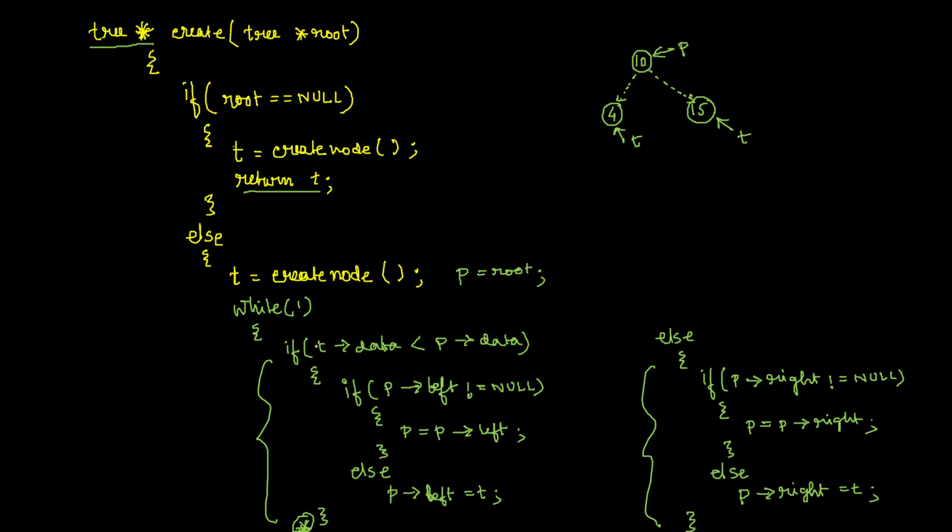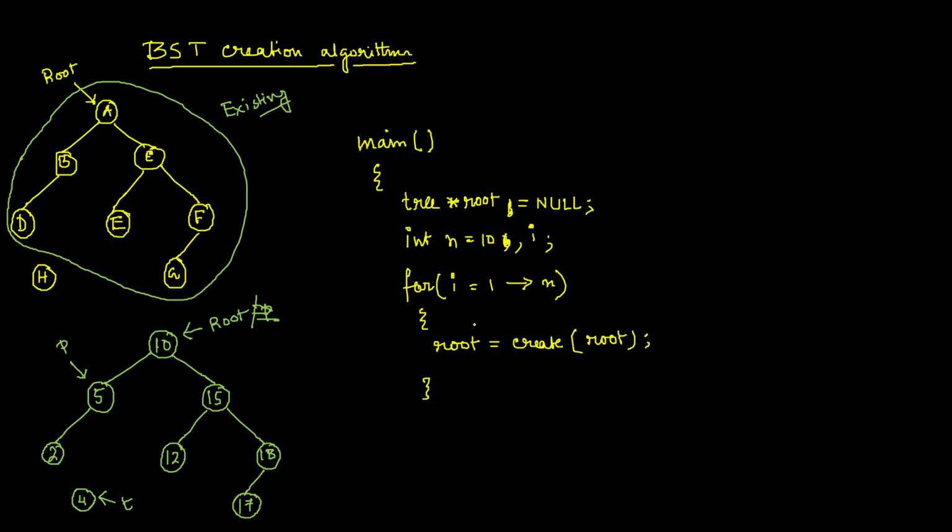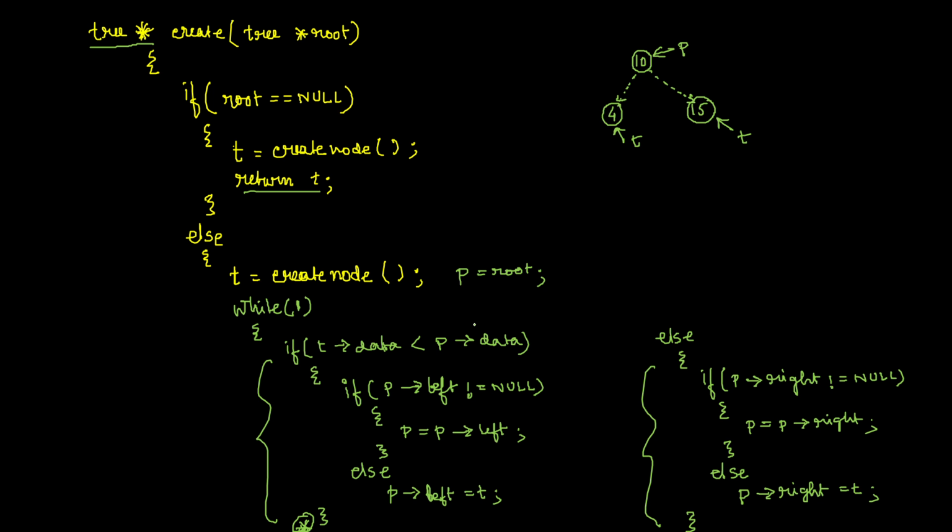That means the loop will run again and this checking will happen: if T data less than P data. T data remains the same, that is 4. Now P data becomes 5 instead of 10. But still, T data is less than P data.